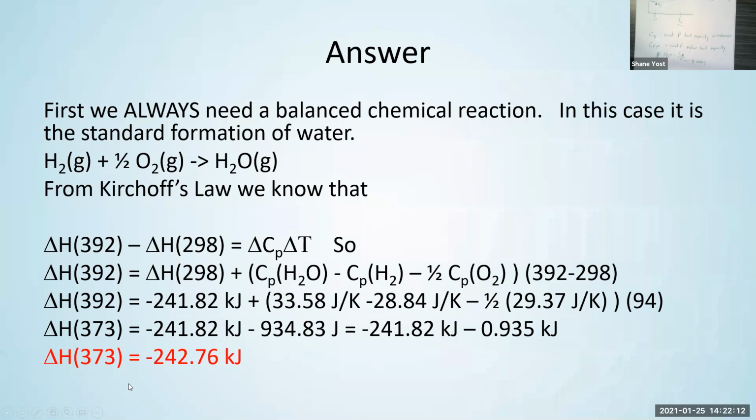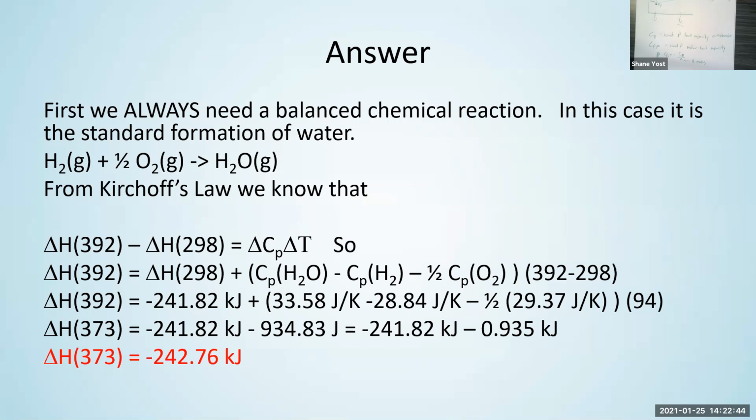As you see, there's about a 1 kilojoule change in the enthalpy of this reaction for almost 100 degrees Celsius change. So depending on what you're doing, that 1 kilojoule change in the enthalpy of the reaction might not be that relevant or important to you. But again, it very much depends on the temperature range that you're interested in and what the enthalpy is initially.